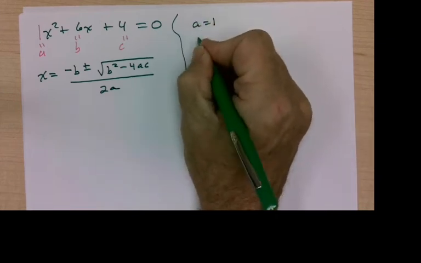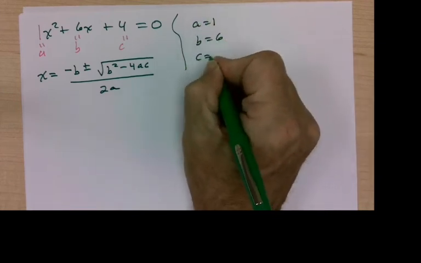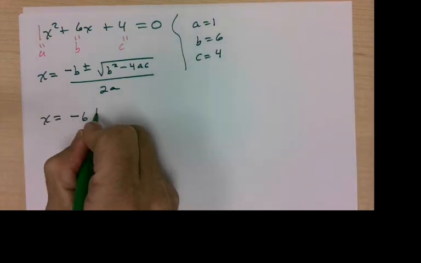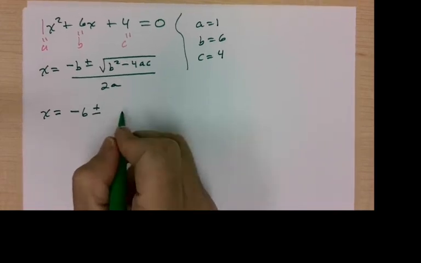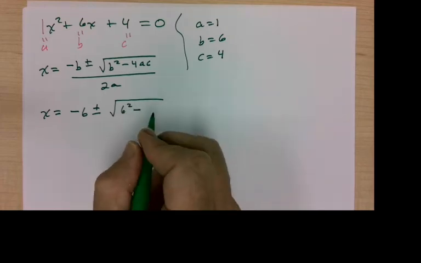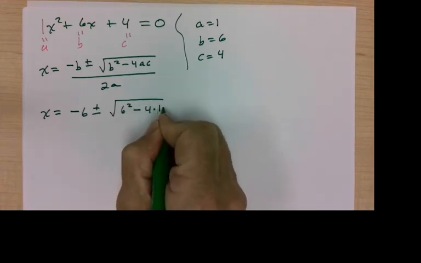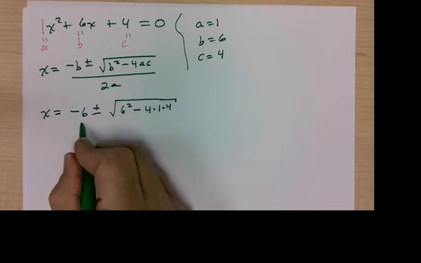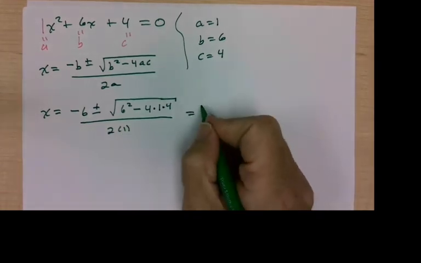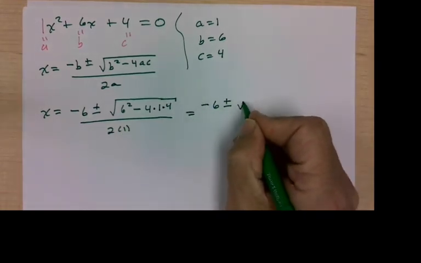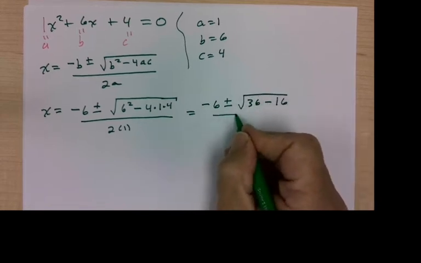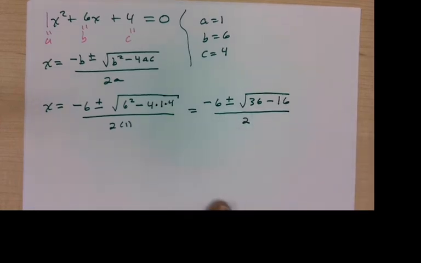A is 1. B is positive 6. C is 4. So x is negative b, negative 6, plus or minus the square root of b squared, 6 squared, minus 4ac, minus 4 times 1 times 4, all over 2a, all over 2 times 1, which equals negative 6 plus or minus the square root of 36 minus 4 times 4 is 16, all over 2.